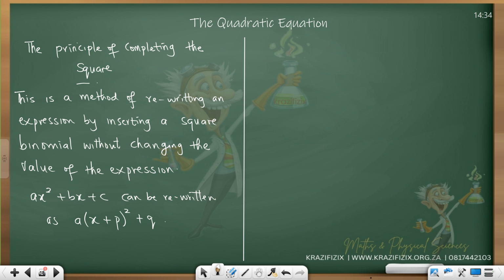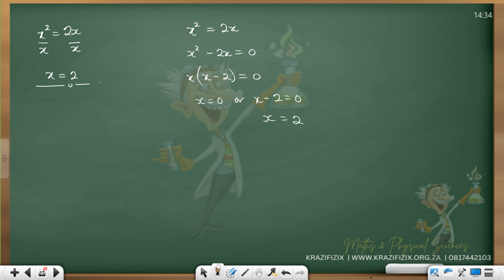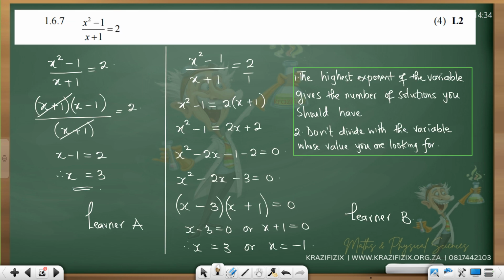Yes, Luto? Hi, sir. Hi, Luto, how are you? I'm good, and you? Sir, I just wanted to ask something. When we were solving for x in the past questions, when we were done solving the equation and we got two solutions, don't we then check which are the possible answers and which are not? Not in this case.